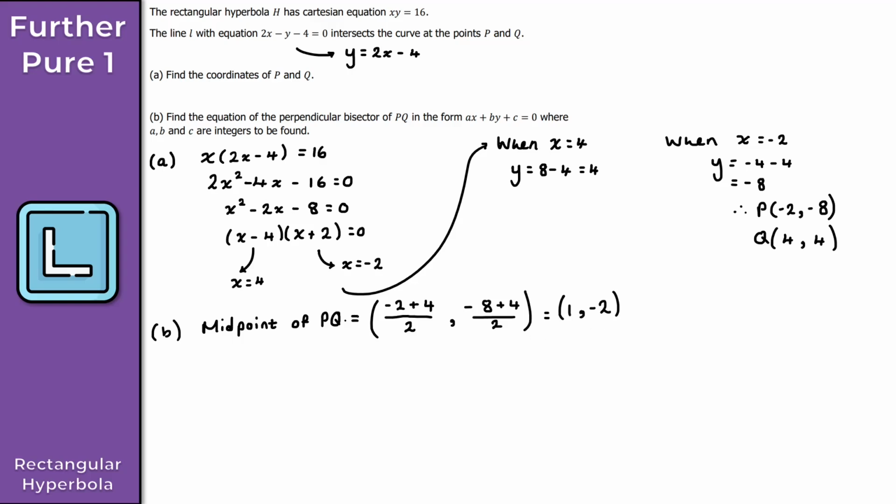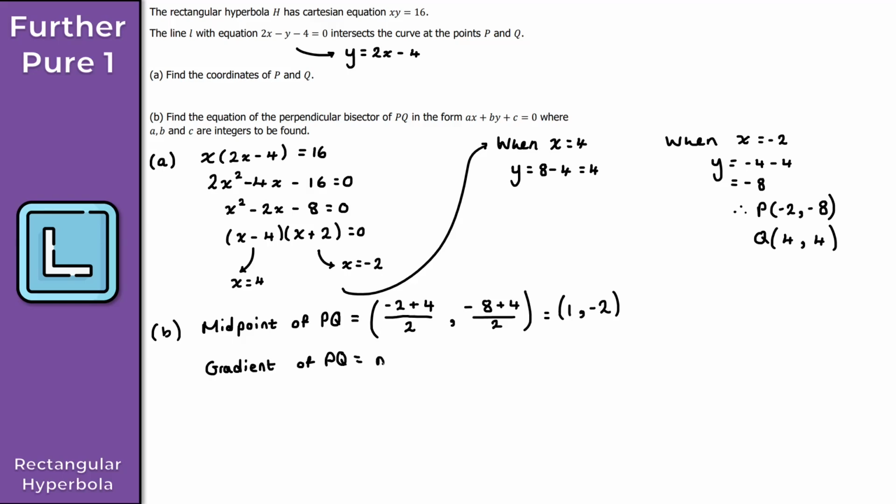We also need the gradient of PQ, right? The gradient of PQ here, nice and straightforward.